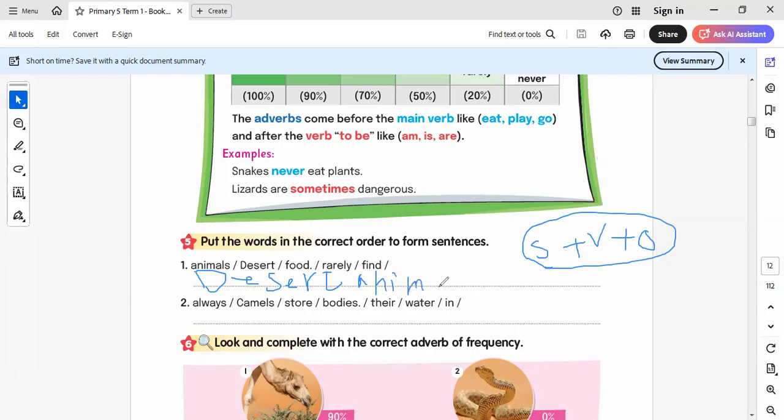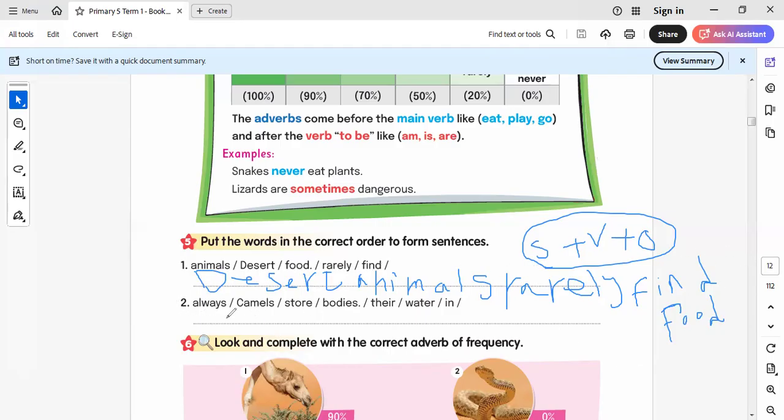This is the order of this sentence: desert animals really find food.